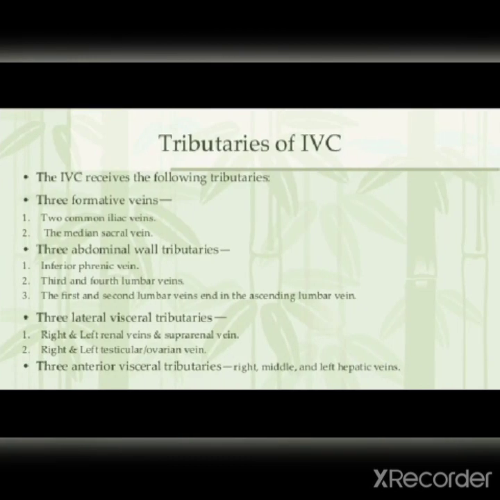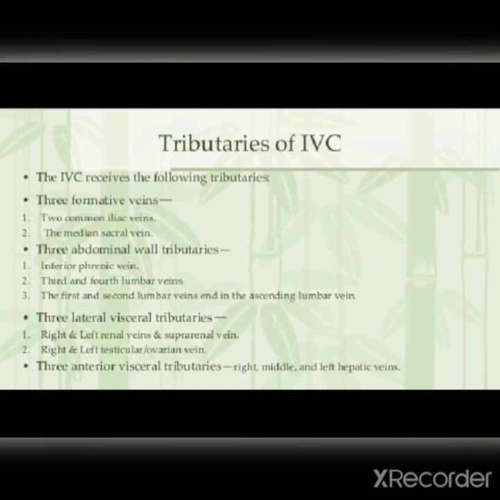Now, what are the tributaries of the inferior vena cava? The inferior vena cava receives the following tributaries: three formative veins, the two common iliac veins and the one median sacral vein. And there are three abdominal wall tributaries: inferior phrenic vein, third and fourth lumbar veins, and first and second lumbar veins and the ascending lumbar vein.